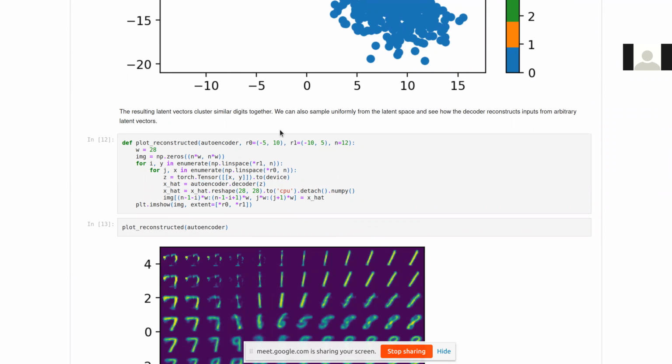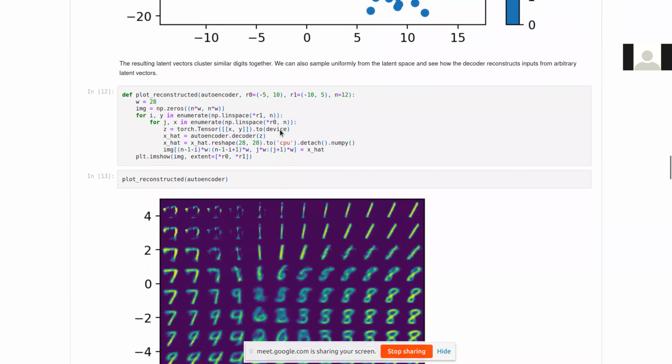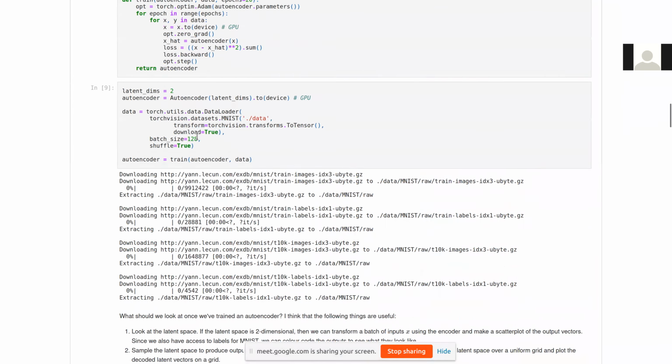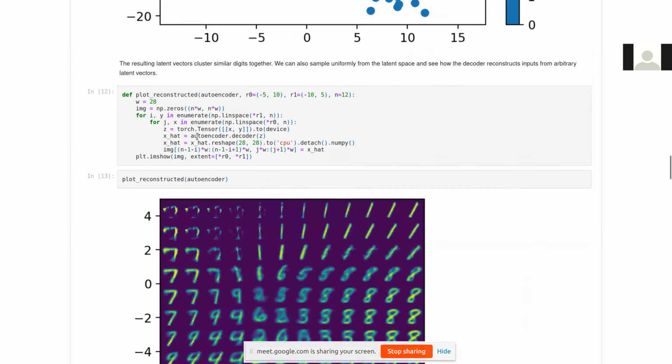Now, if we try to see the reconstructed images, okay, so this is the autoencoder. Basically we give X as an input. What we're trying to do here is, suppose we try to generate the reconstructed images.